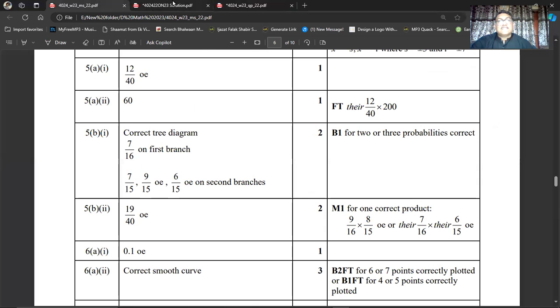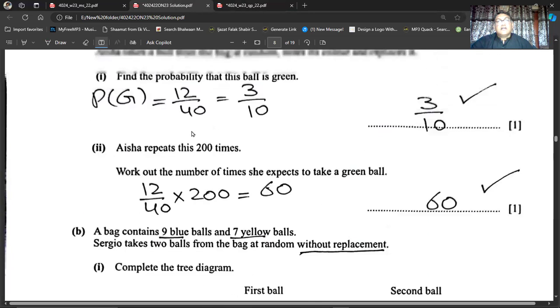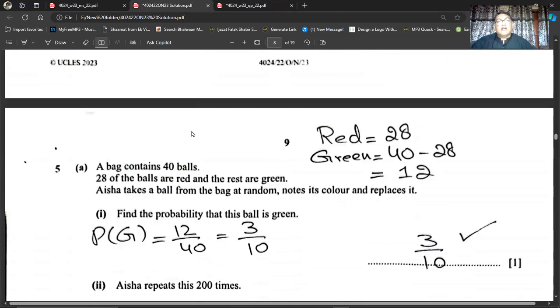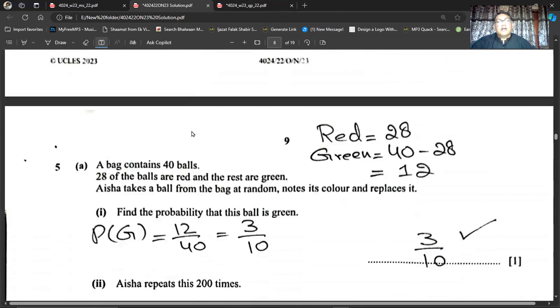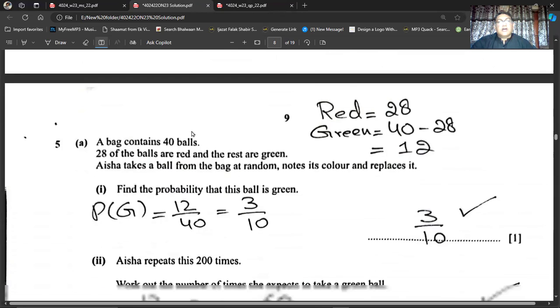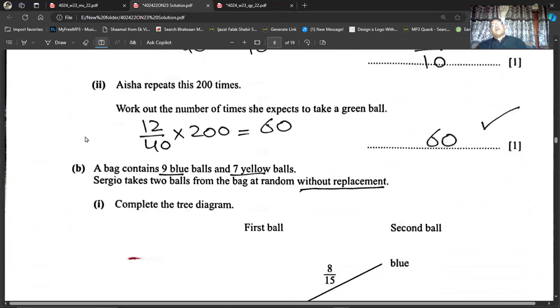Okay, so the 60 is the answer. Okay, so our answer is right.